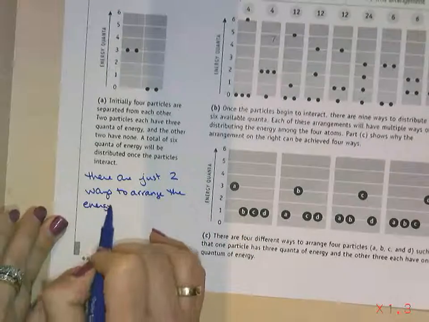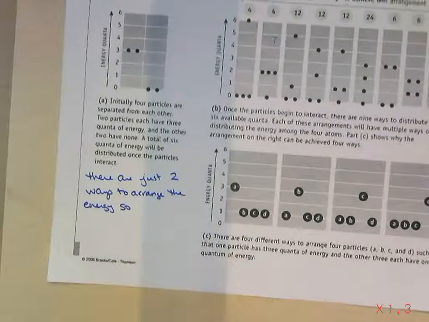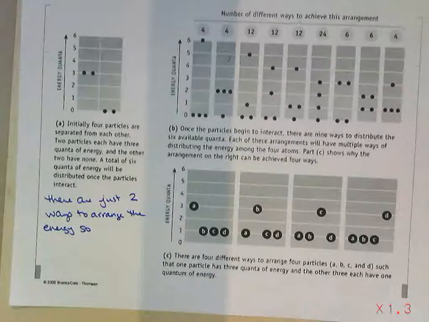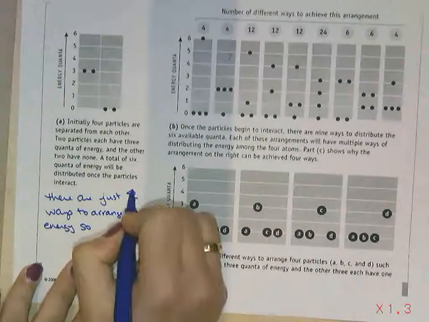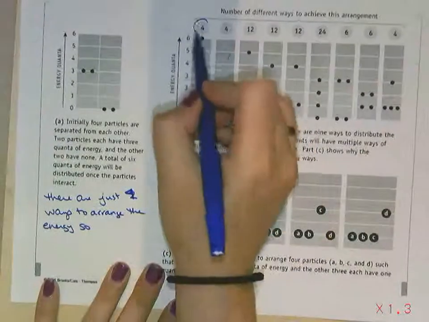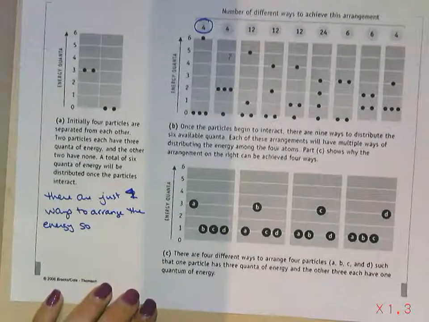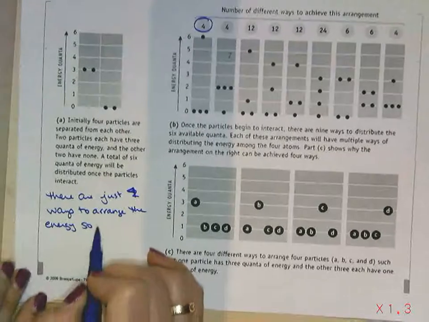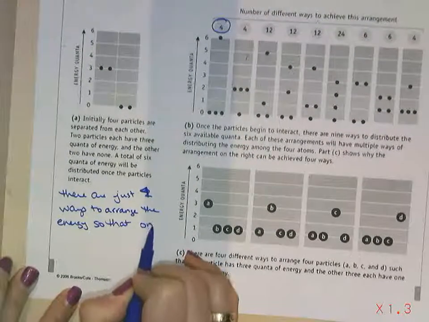So there's only 4 ways to arrange it so that only 1 atom has energy.